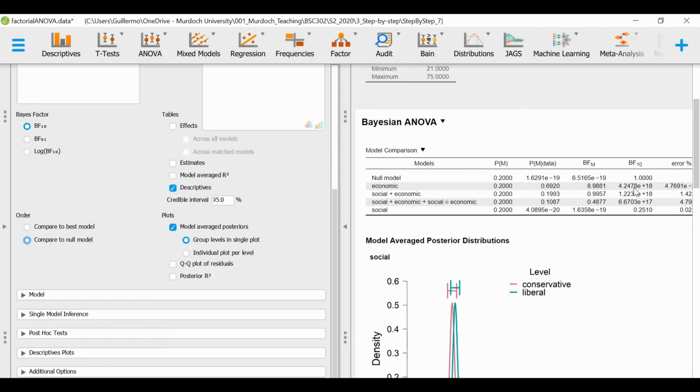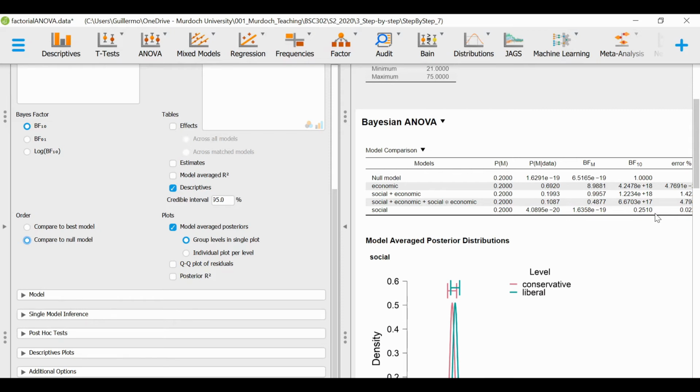When you compare economic versus the null model, you've got a Bayes factor of 4.247. When you compare social and economic with the null model, you've got a 1.22 followed by a number with 18 integers, and social plus economic plus the interaction, a number with 17 integers, and social is even lower than the null model, 0.2510.